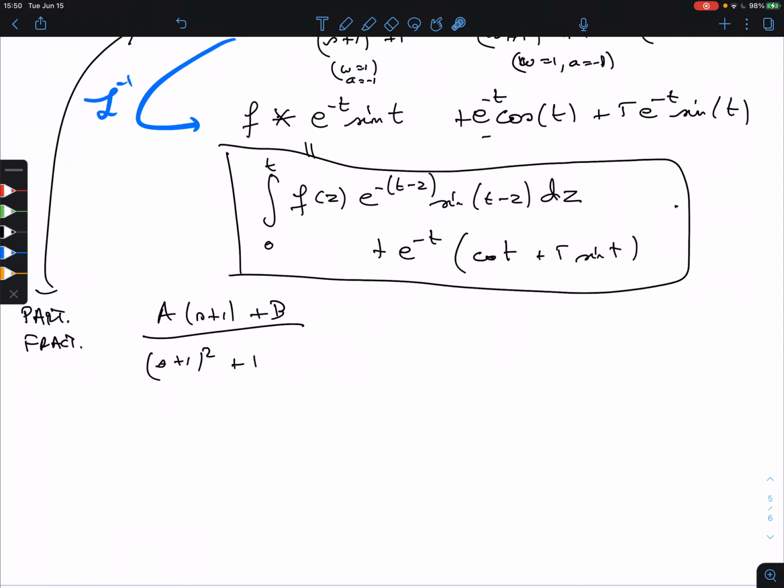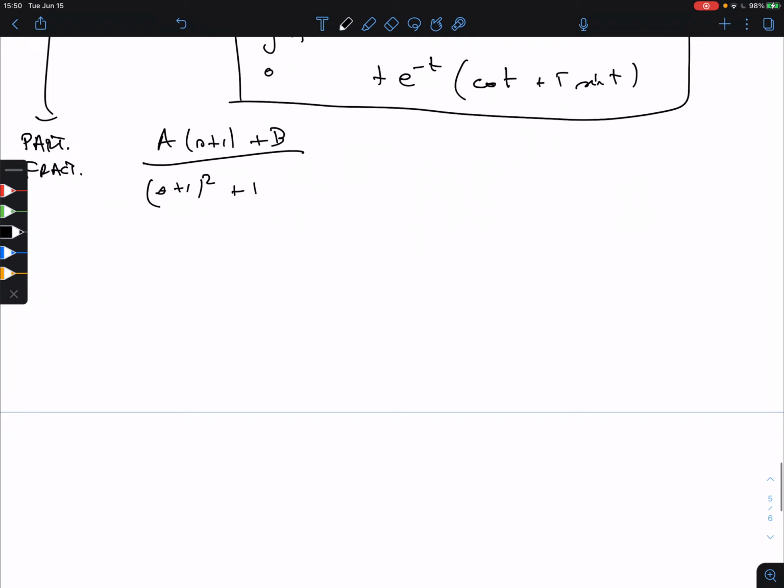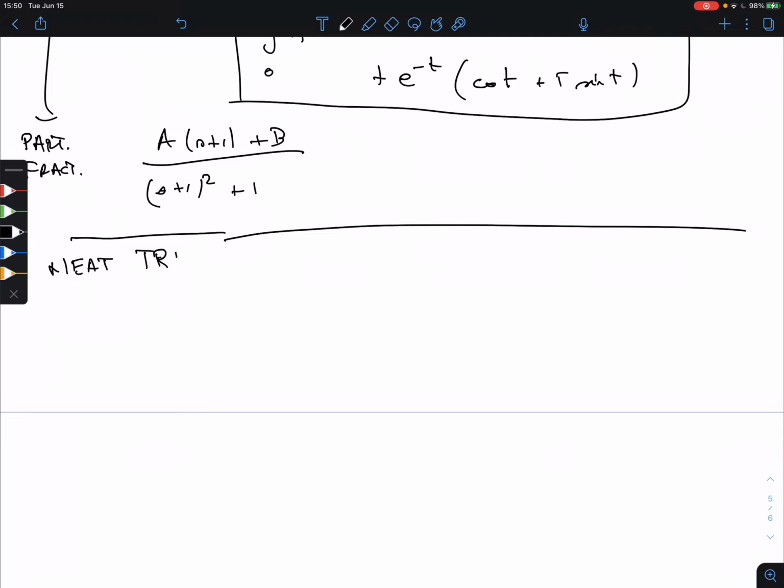Okay, I want to do one more application, a neat trick. Suppose somebody asks you, calculate for me this integral.